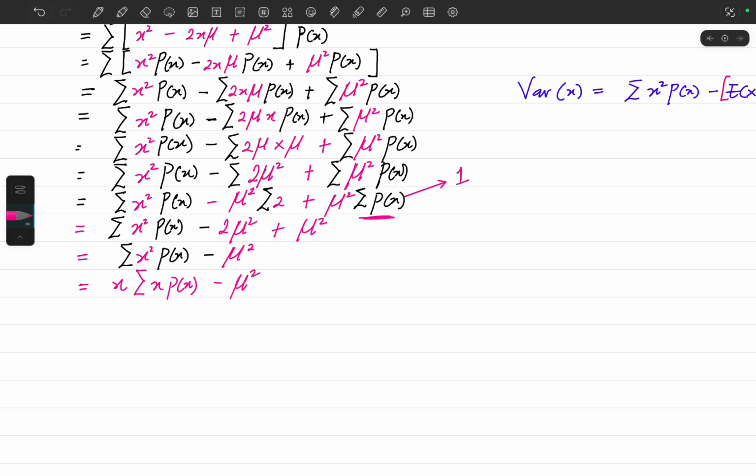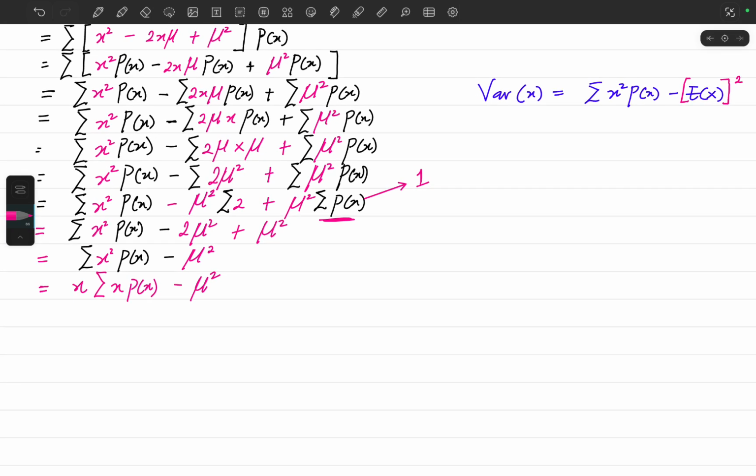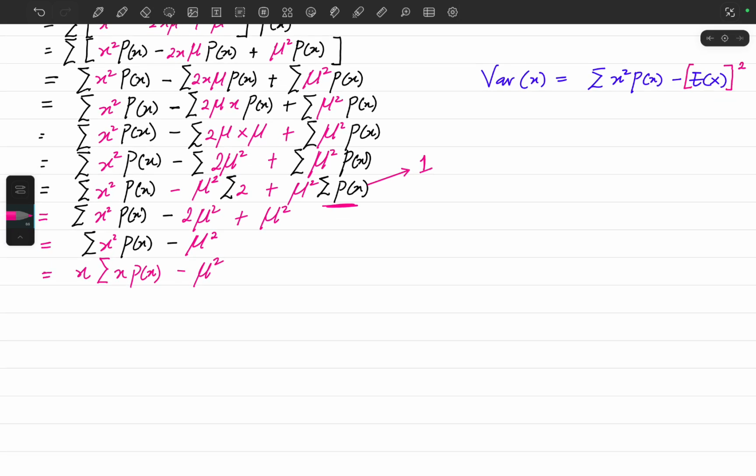Okay. Now what do I do from here? What I do from here is that I know that this variable here is also the mu. That's the mu, is that not? Which is the mu, also known as the expected value.